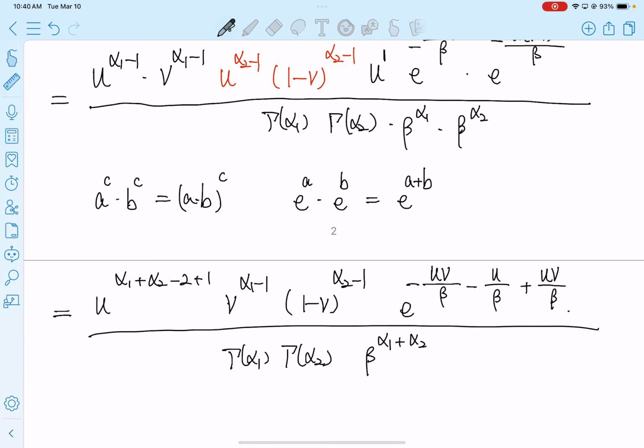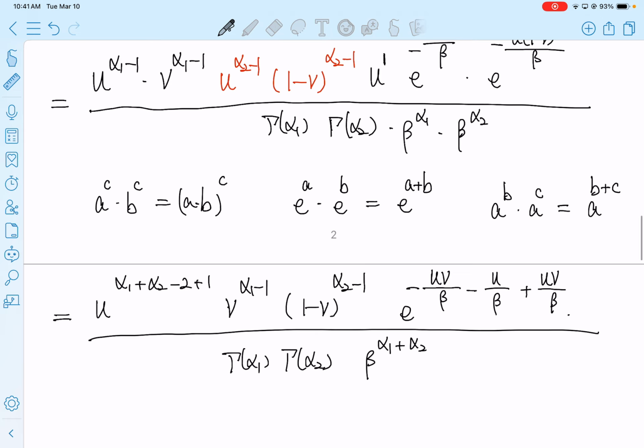Okay, so this is using the formula of a raised to the power of b, multiplied by a raised to the power of c, is equal to a raised to the power of b plus c. Any question up to this point?